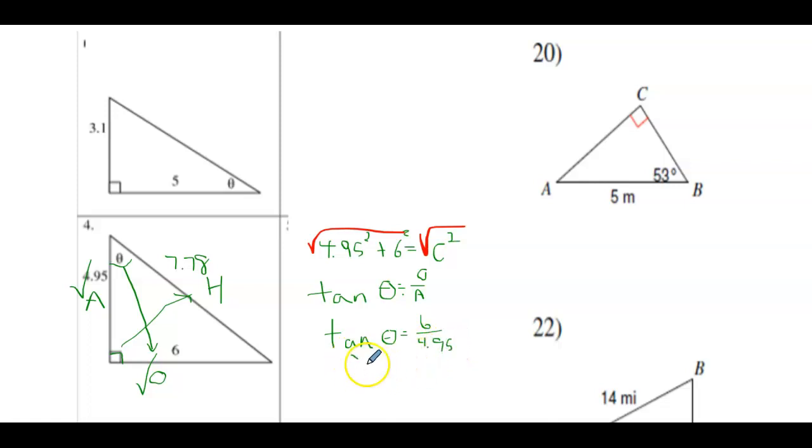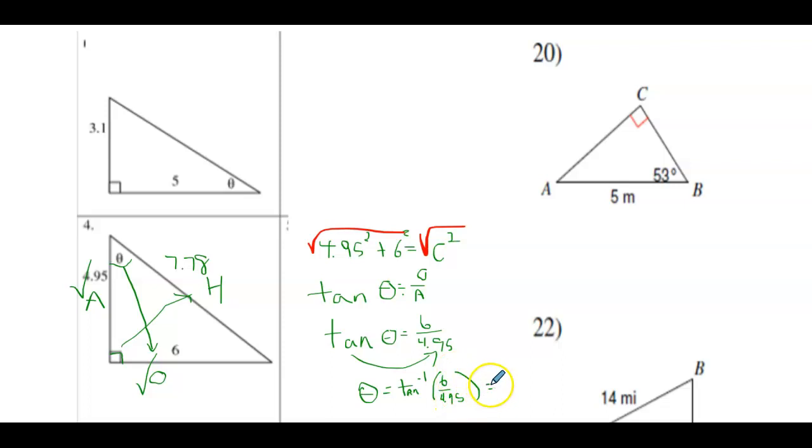And then, again, you got to get the tan to the other side to isolate for theta. And that would be the inverse tan, arctan, technically correct, but inverse tan I will say sometimes, and you will probably as well, because that's what it looks like, of 6 over 4.95.